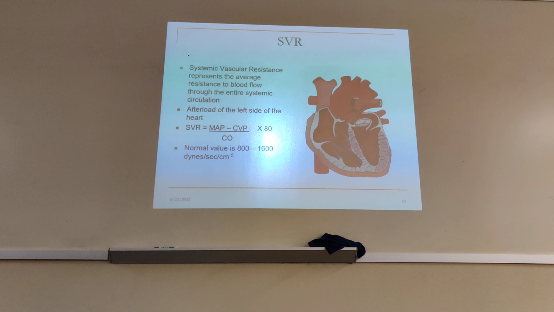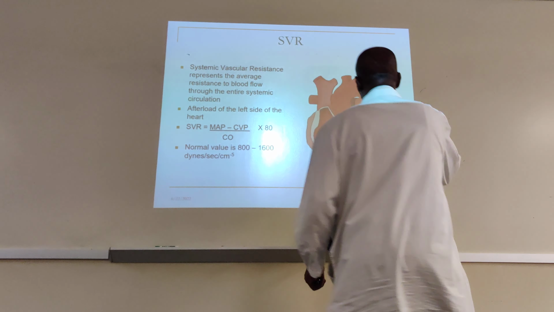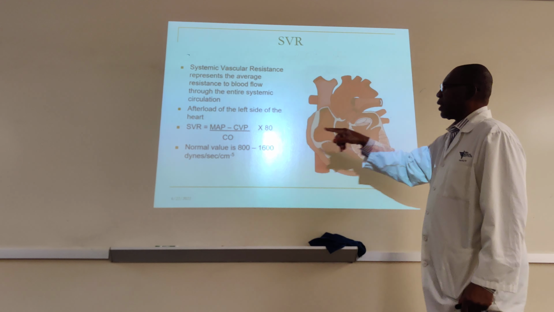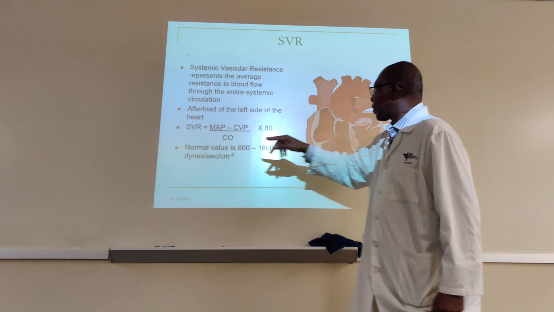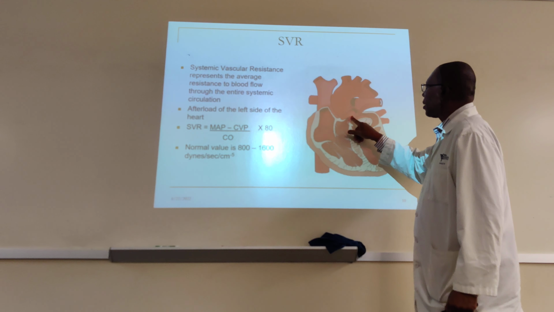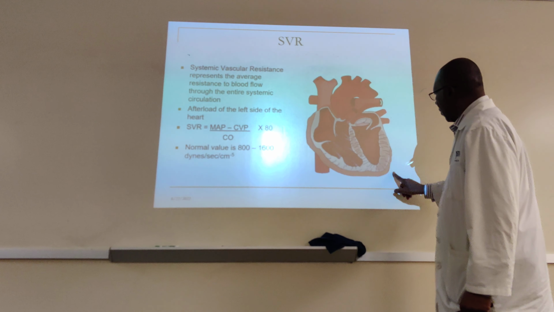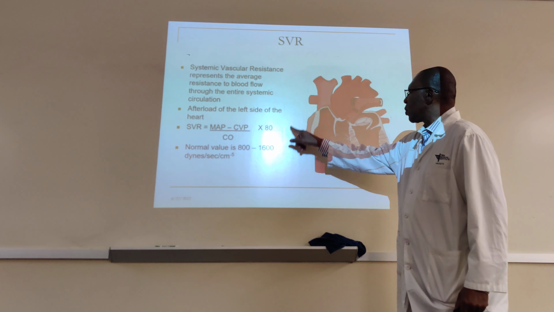Okay, so now if you want to calculate the systemic vascular resistance, which is the afterload at the left side of the heart, it would be... this thing doesn't work. The blood pumps out from right there. We calculate the mean arterial pressure right there, and then blood flows all over the body, and then it comes around to the right heart.